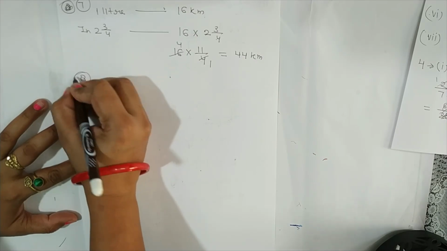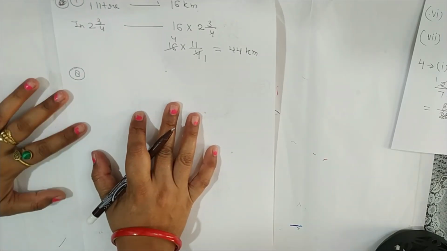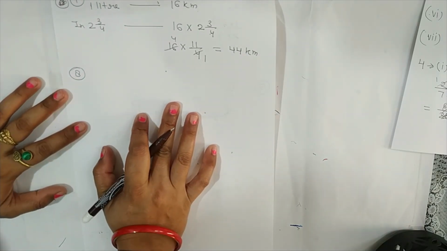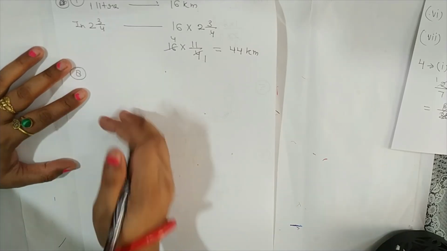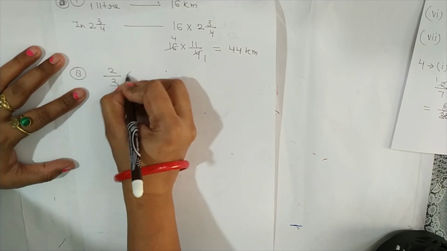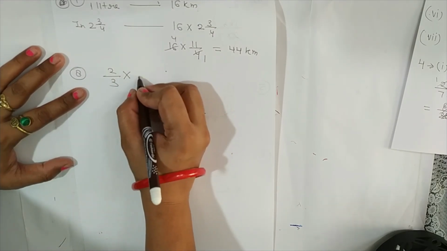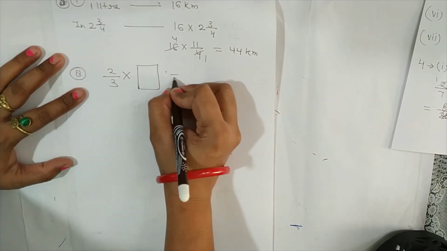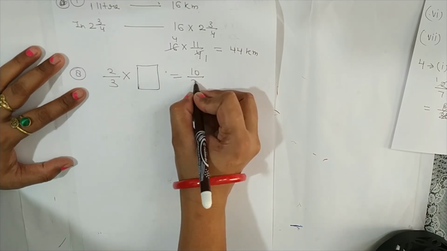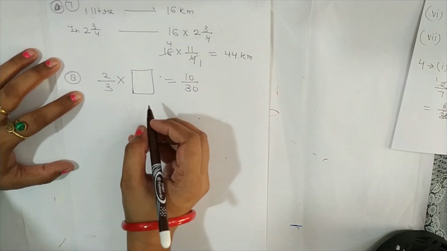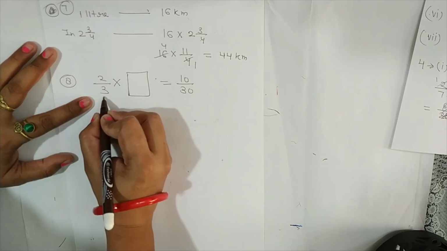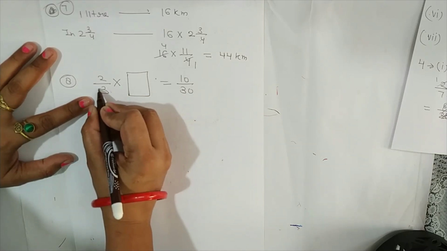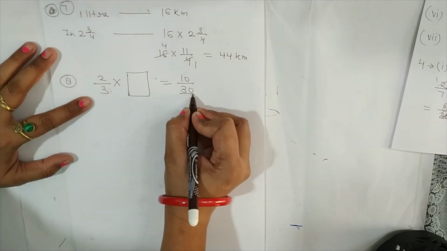Now question number 8. Fill in the blanks. Provide the number in the box such that 2/3 into the box is equal to 10/30. So we have to make this denominator equal to 30.